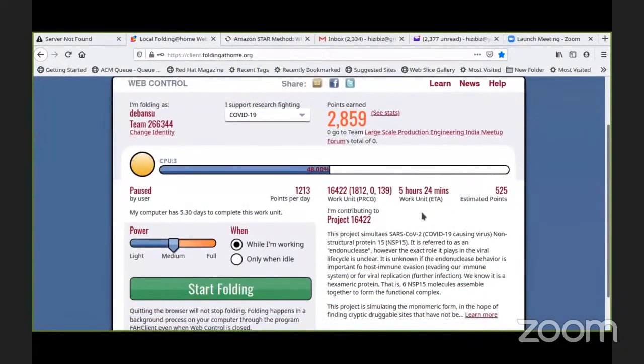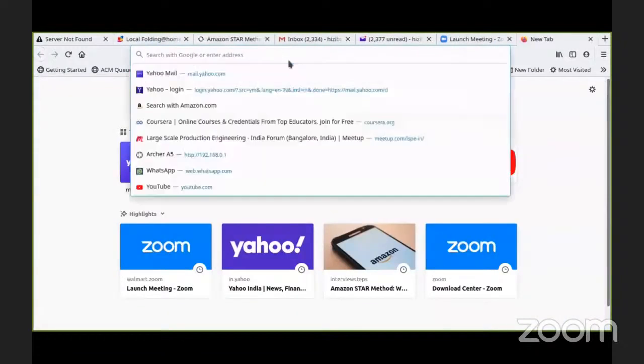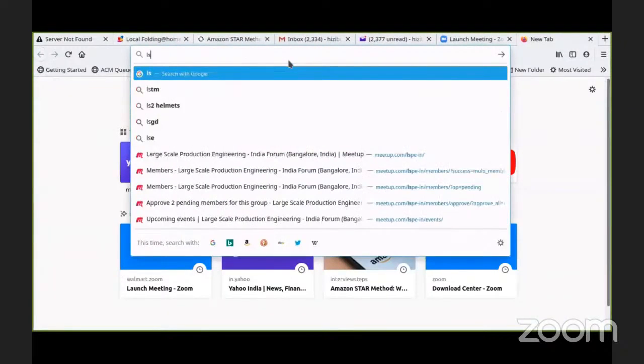So from our group, we have created a team. If you see this part, the team identification, this is a team which I created for this GitHub community, the Large Scale Production Engineering India forum. And I have written a small post about it on our Tumblr.